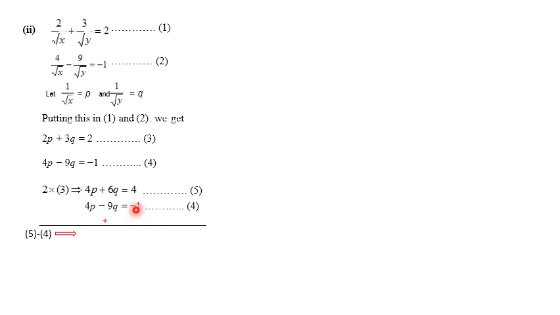And here also the same thing, minus 1 is there, 4 minus minus 1 changes to plus. When you calculate 6 plus 9, that is 15q is equal to 4 plus 1, that is 5. q is equal to 5 by 15, then it becomes 1 by 3. We have got the value of q.